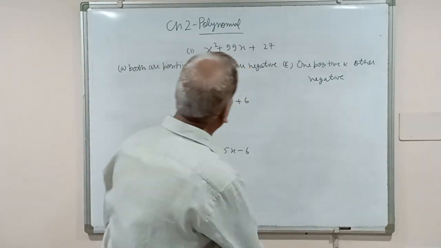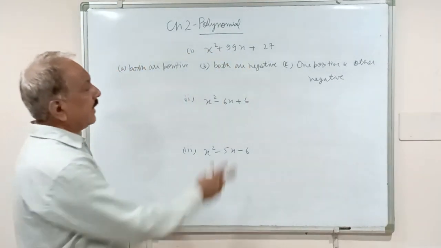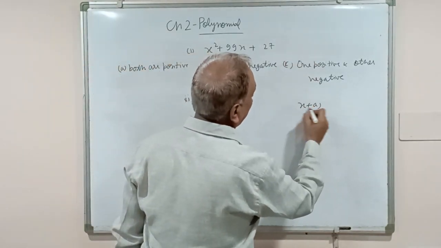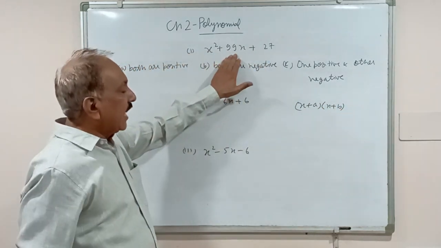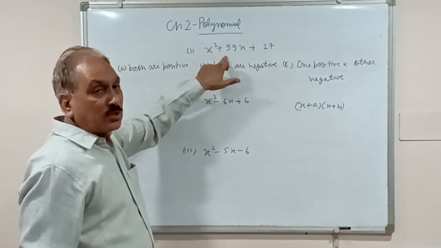Let's see. In this question, if you can factorize in plus form, either x plus a and x plus b form. Because first term and last term are positive, middle term is also positive.